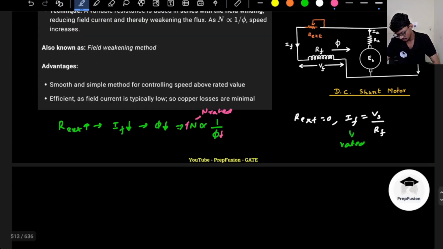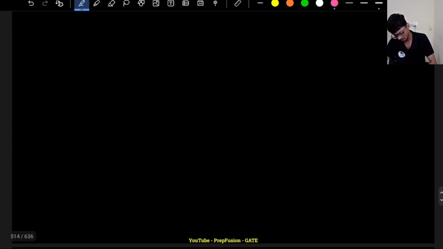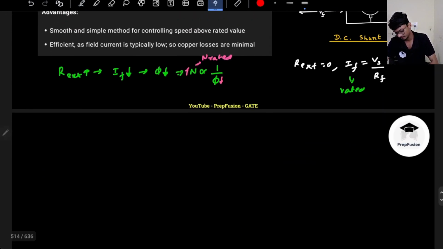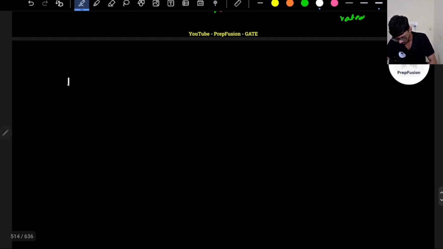If speed is increasing, what is happening to torque? Developed torque is proportional to flux into Ia. Now if torque is proportional to flux into Ia, and you are reducing the flux, your developed torque should reduce, right? And if your developed torque is reducing, that means there is deceleration. But you are saying there is acceleration because speed is increasing.